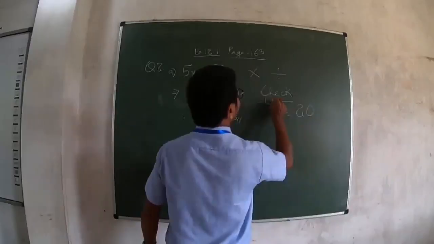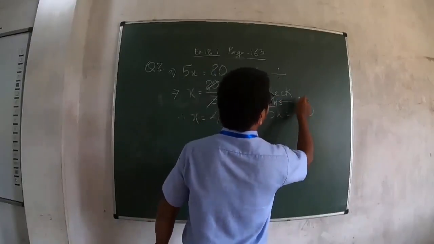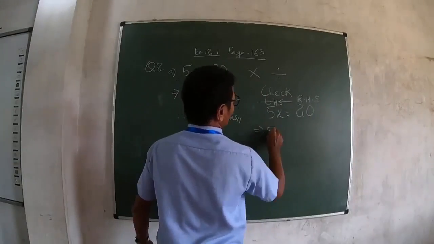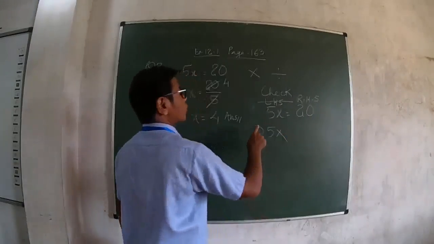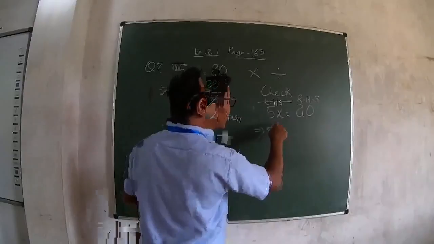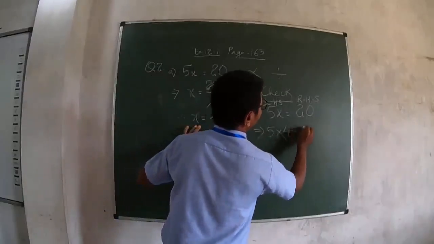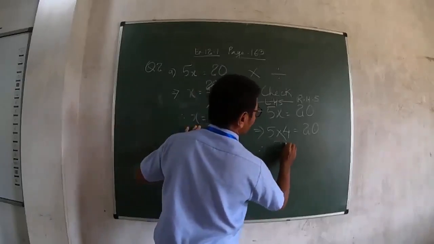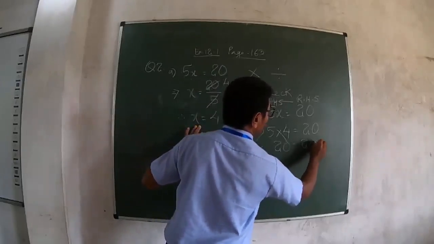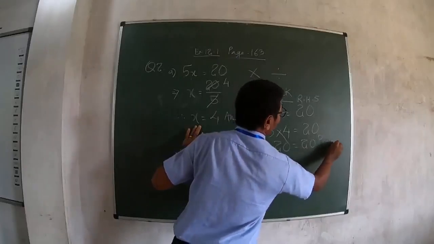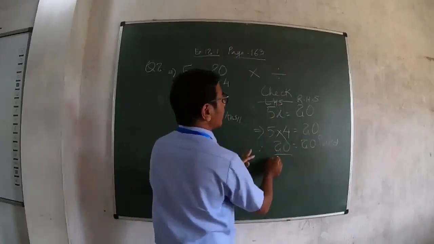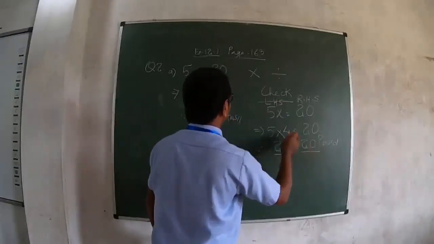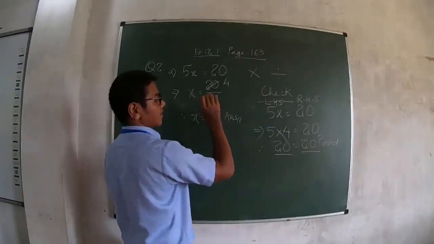The left hand side should be equal to the right hand side. What is x? I told you 5 into the value of 4. So what do we get? 20 equals to 20. When the left side, the front one, and the right side are the same, it means correct. Please copy.